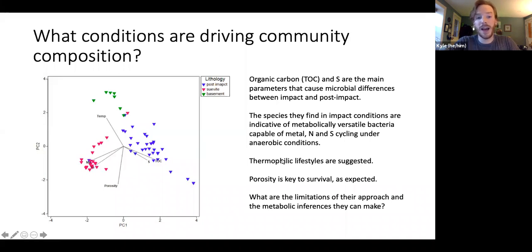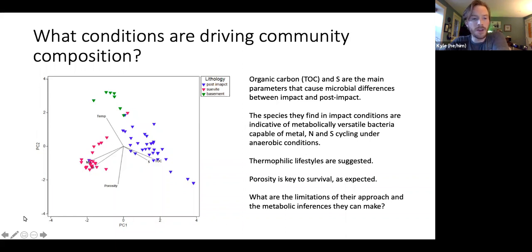Things are still pretty hot down there, so they also found associations with temperature driving this distribution. And ultimately, that porosity is key to survival. So the fact that this mineral has more of a permeable structure enables all of these compounds to move through and fuel microbial growth.